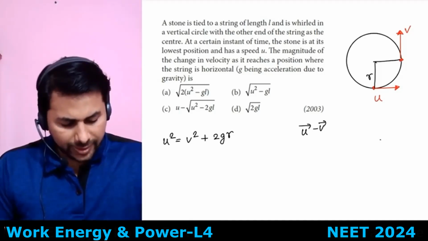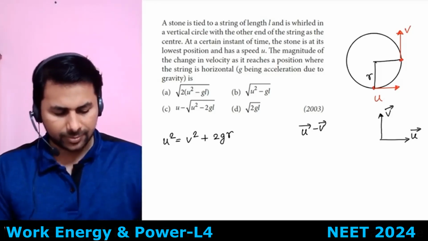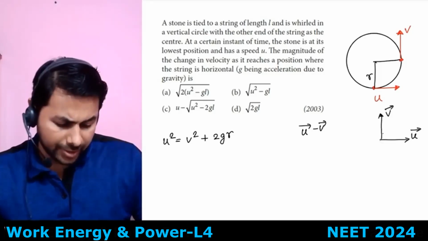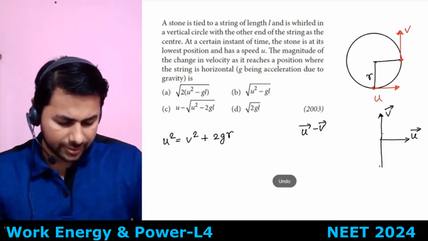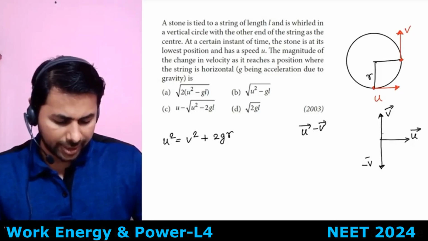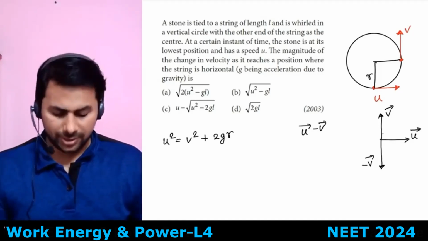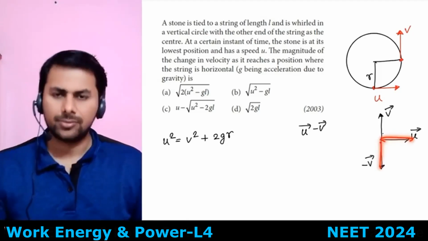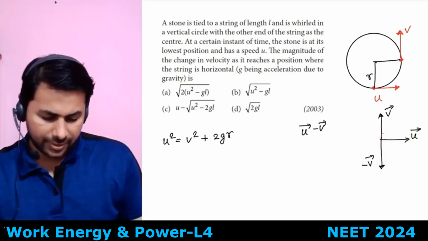For that, draw u bar, which is directed like this, v bar is directed like this, minus v bar will be directed opposite to that, like this. This is minus v bar. What will be u bar minus v bar? It's the addition of these two, so it will be directed like this.